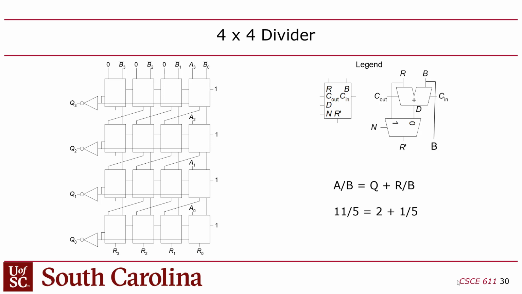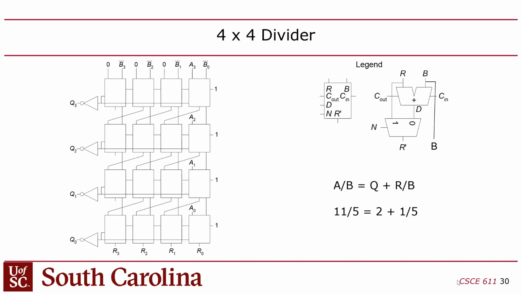B is the divisor, and I'm subtracting the divisor. So even though there's an adder, it's actually working as a subtractor because I'm taking the 2's complement of B, essentially, right? Okay, now additionally there's a mux, and the mux is what does the restore. So the adder is going to subtract R minus B. R is the remainder register, which, as I mentioned, is really the dividend.